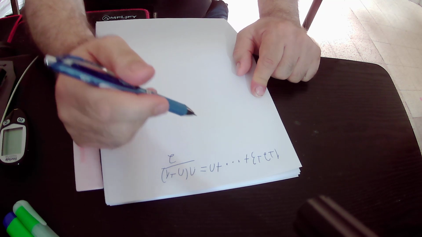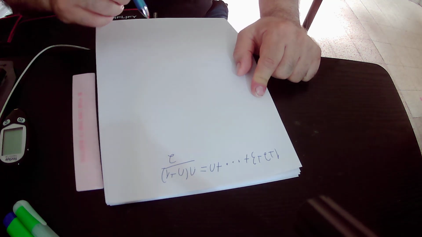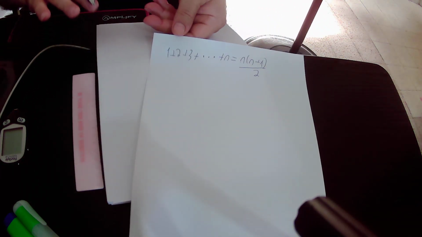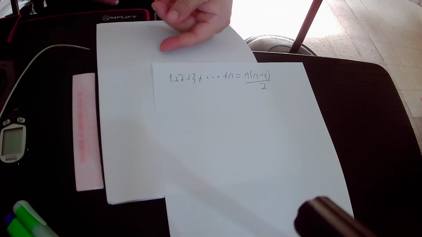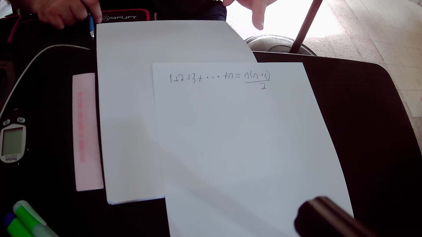Okay, so the first step, I will show you the statement of the equation. It is 1 plus 2 plus 3 plus 4 plus 5 plus n equals to n times n plus 1 divided by 2. So we must prove this statement for all natural numbers.